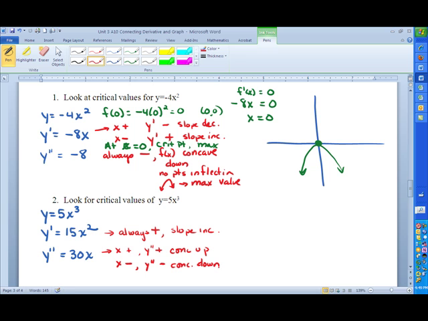So for the negative x's, we're going to be increasing as we go. So we're going to be going up from left to right, but we're going to be concave down. And then we switch to concave up.